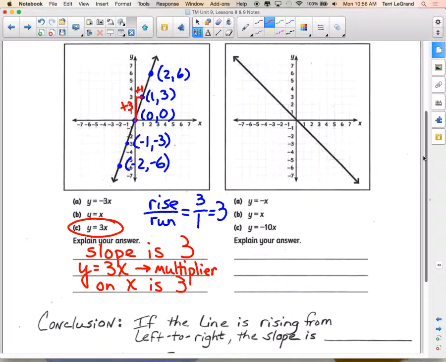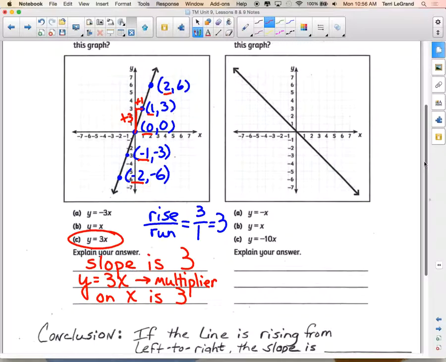So would 3 times 2 be 6? Yeah. Would 3 times 1 be 3? Would 3 times 0 be 0? Would 3 times a negative 1 be a negative 3? Yeah. Would 3 times a negative 2 be a negative 6? Okay, it works, doesn't it? So we have a good equation, a good slope.